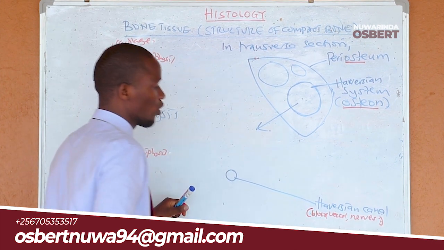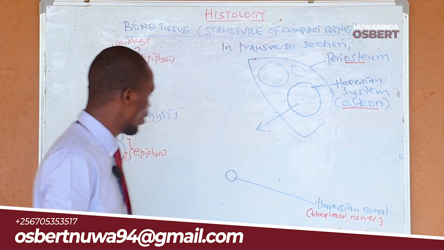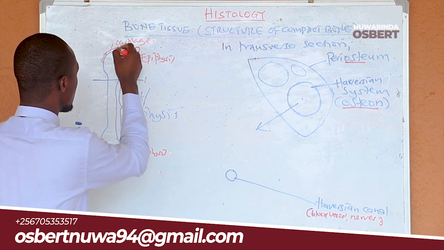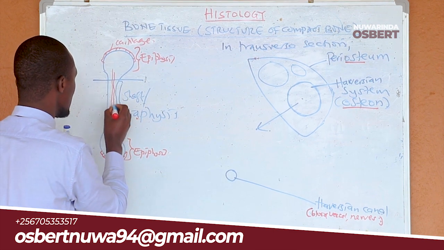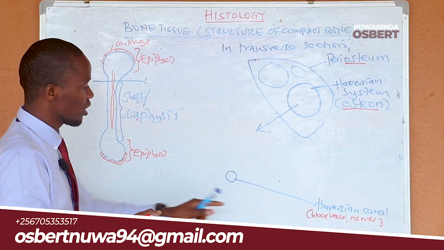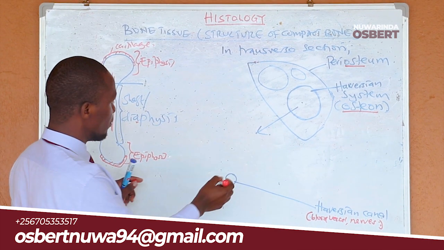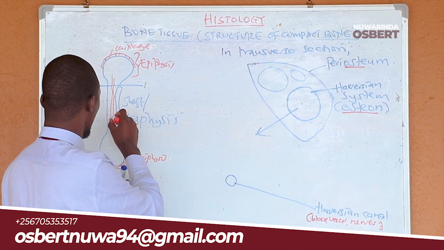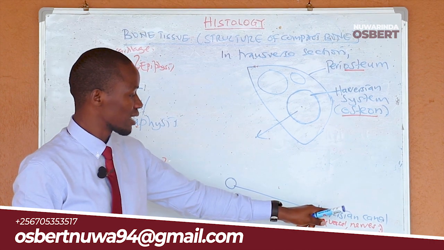So it means the bone has got blood vessels and nerves. You find there is a tube-like structure here which transports blood vessels to different parts of the bone. So blood vessels move within this area to different regions of the compact bone. So that's the work of the Haversian canal.